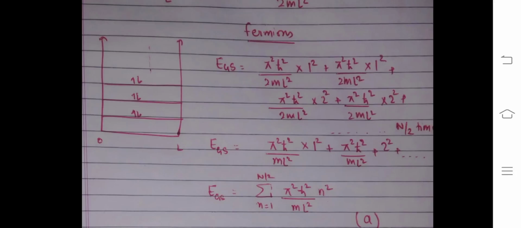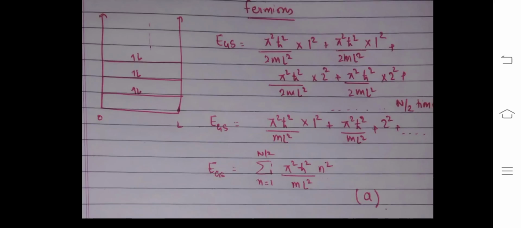Now the third and the fourth fermion will occupy the first excited state, and so on, n by 2 times, because two fermions are already in one state.